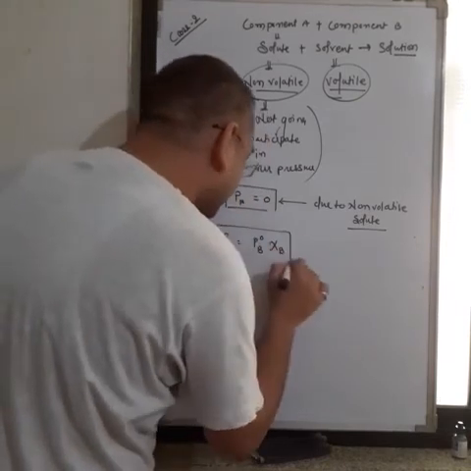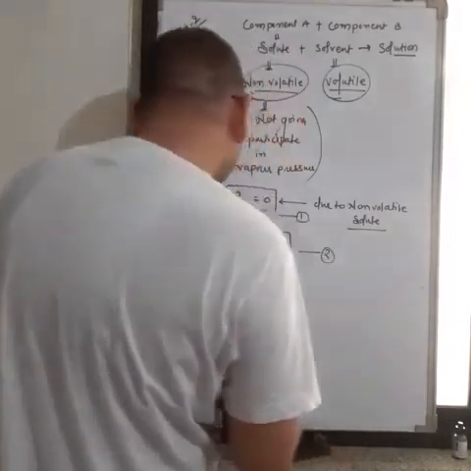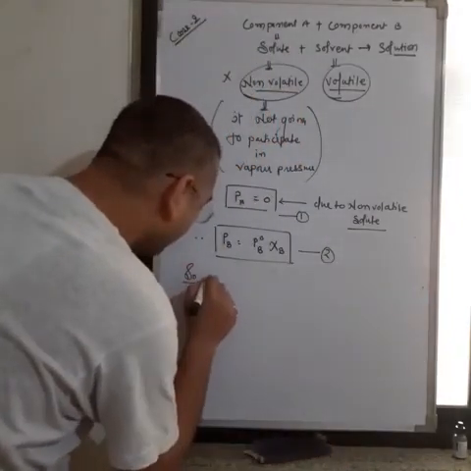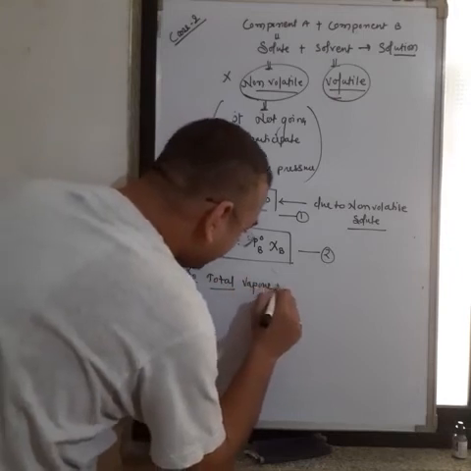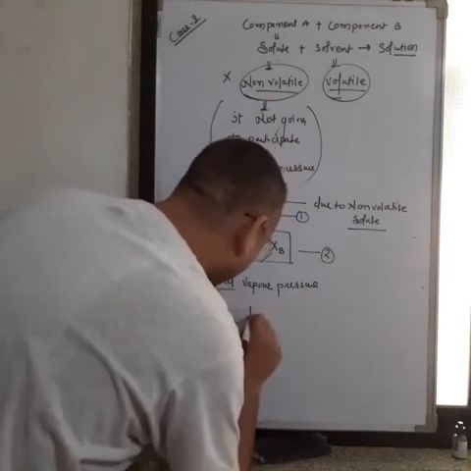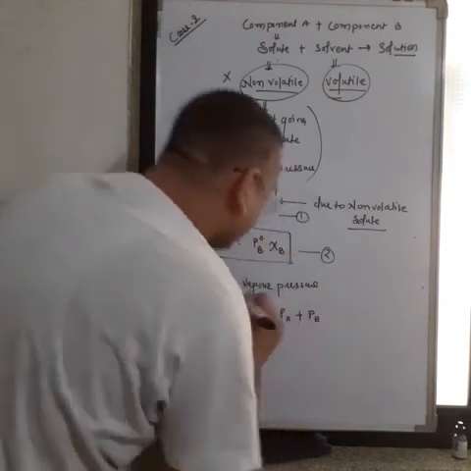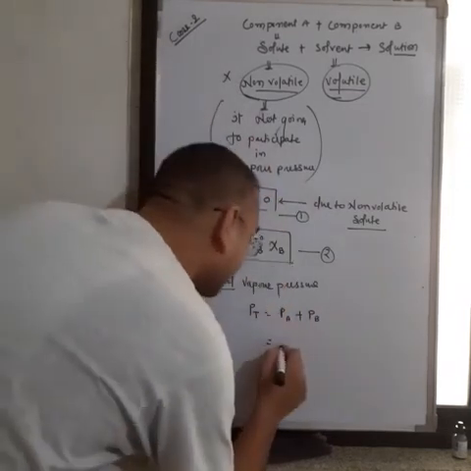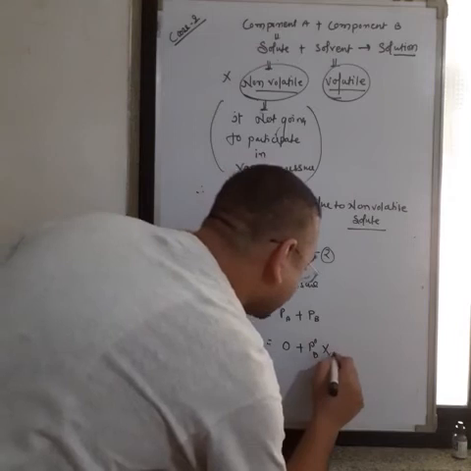We already studied equation 1 and equation 2. So for the total vapor pressure, if we consider PT is equal to PA plus PB, here we can consider 0 plus P naught B XB.